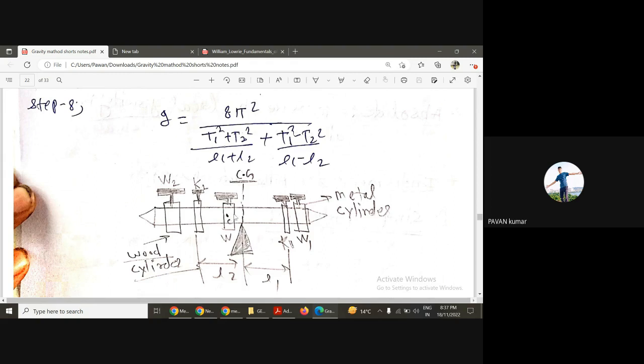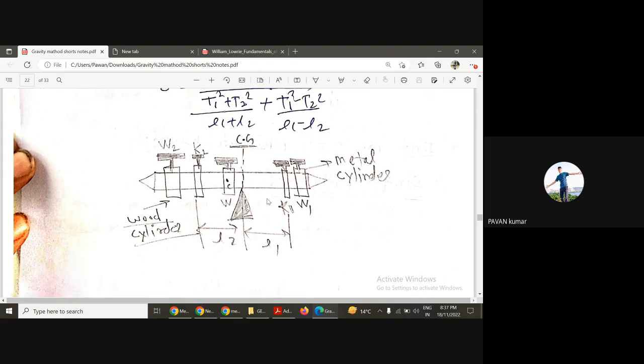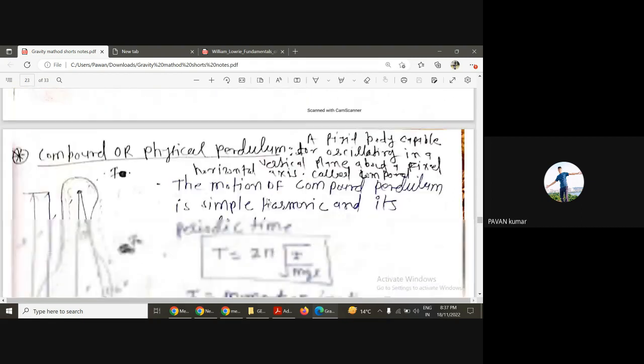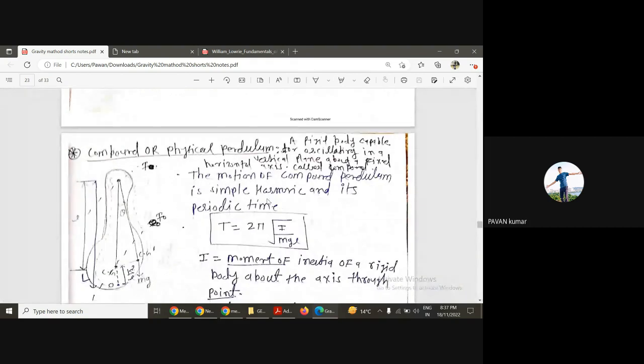Once we obtain the time period for the wood block and the time period for the metal block, we compare both and put the values in this formula to obtain the gravity at a particular point. This is the Henry Kater pendulum for measuring absolute gravity.